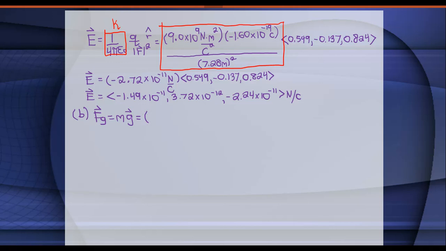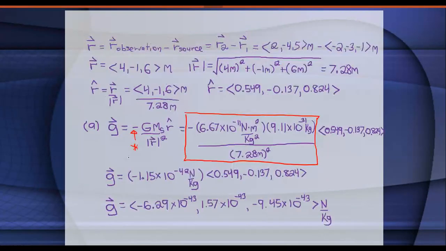It's the mass of the electron at the observation location. Just be aware that this is the object at the observation location. It's another electron, so 9.11 times 10 to the negative 31 kilograms, multiplied by the gravitational field, which we calculated on this slide here.